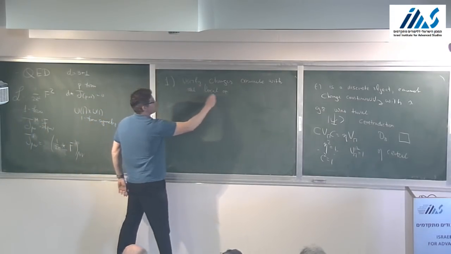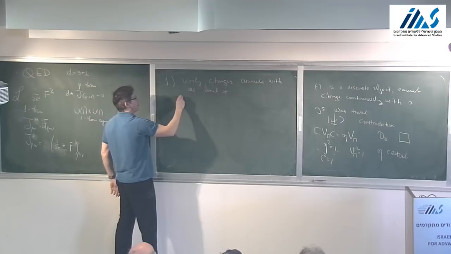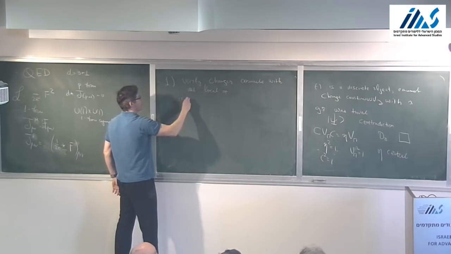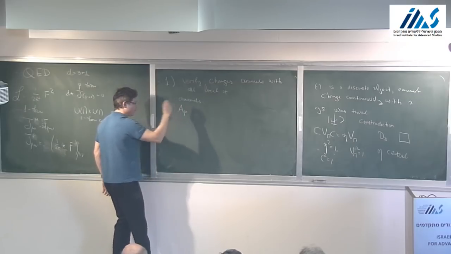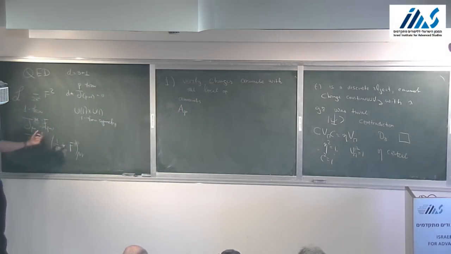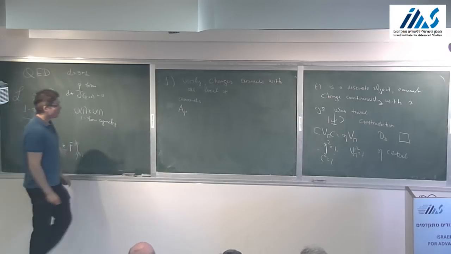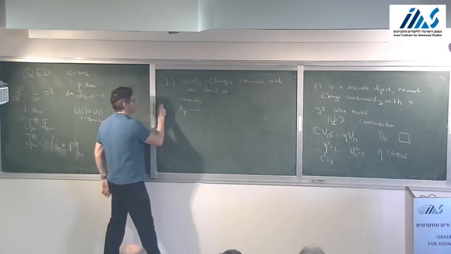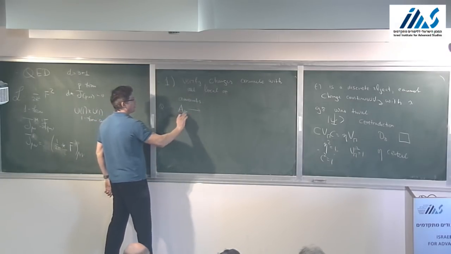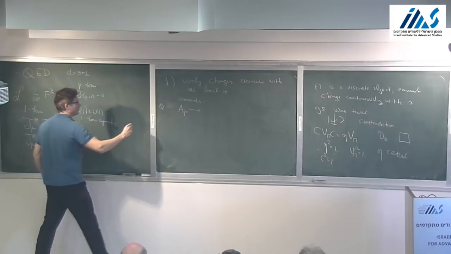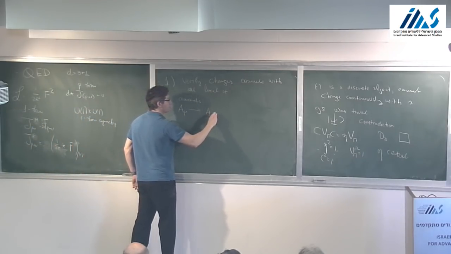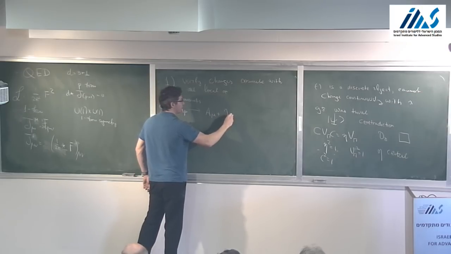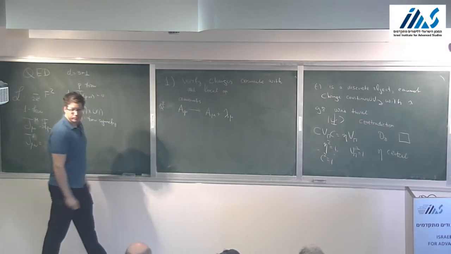Your exercise amounts to proving the following thing: the way the charge acts on the fundamental gauge field, which is the dynamical gauge field of Maxwell, is that it shifts it. This is the transformation that the electric charge implements. It takes A mu to A mu plus lambda mu. And what is lambda mu?